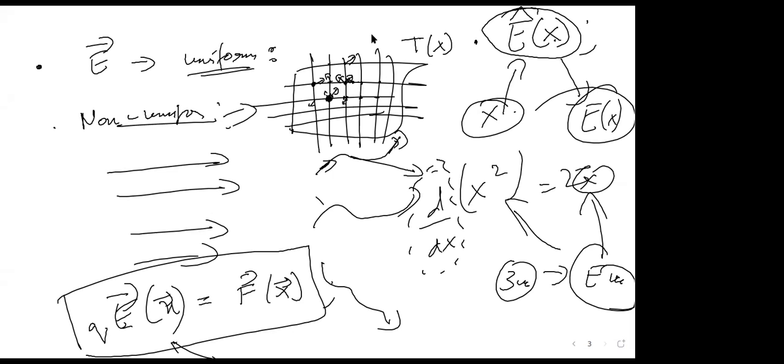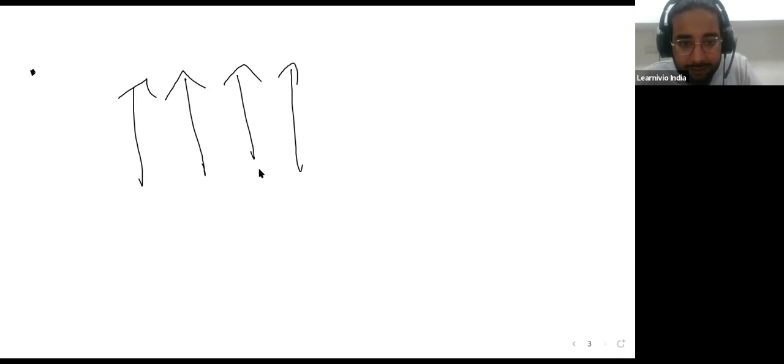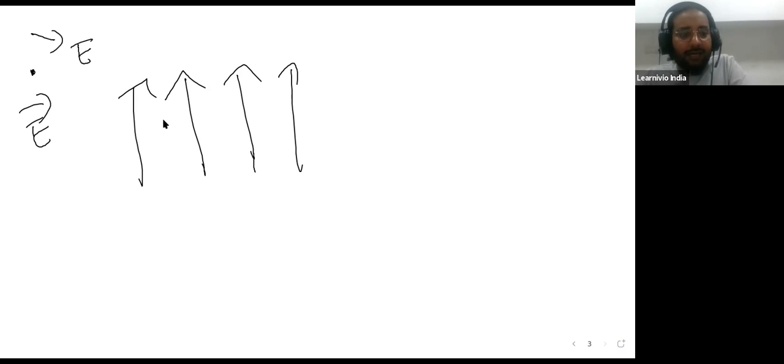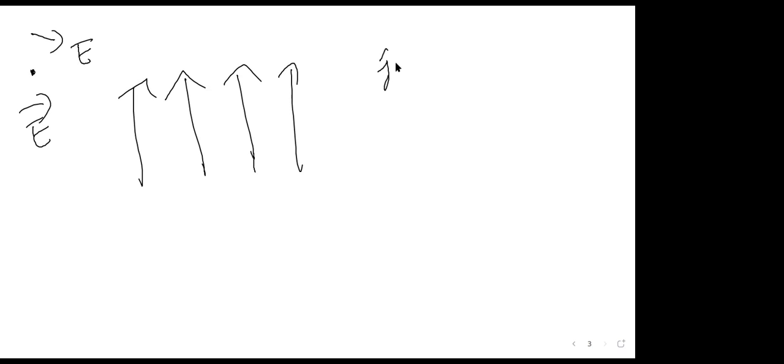Okay. Let's solve a question. You have an electric field, and it's a constant electric field. Its magnitude is some E, and it's in the direction upward. Upward means j cap.